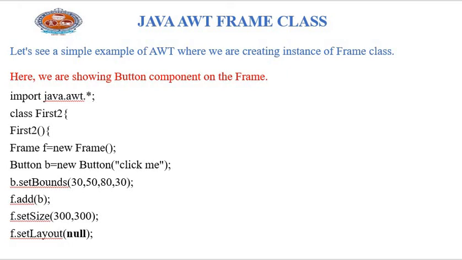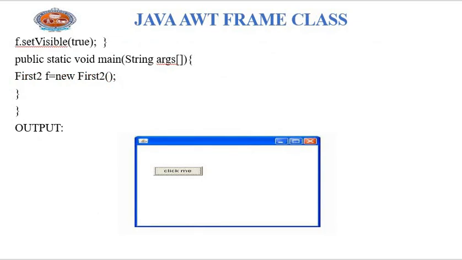So create the button, Click me button, set the background, and here f.add(b). That means we can add the button to the frame. Here f.setSize(300, 300), so the size is 300 width and 300 height. Next f.setLayout(null), that means no layout manager. Next f.setVisible(true).